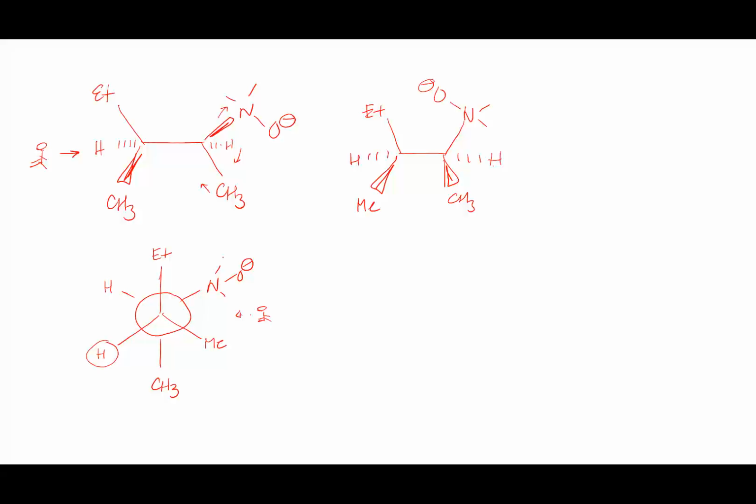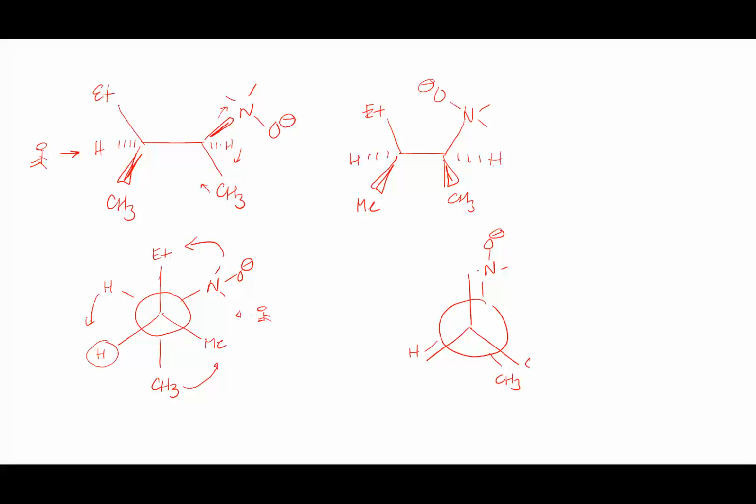So I'm going to rotate the back carbon this way. My back carbon is now going to go into the eclipse mode. So there's my nitrogen, my two methyls, and my O minus. Then the methyl group on the back carbon goes there, and the hydrogen on the back carbon goes there.